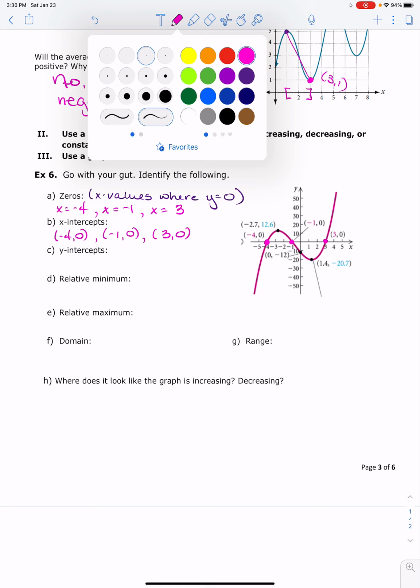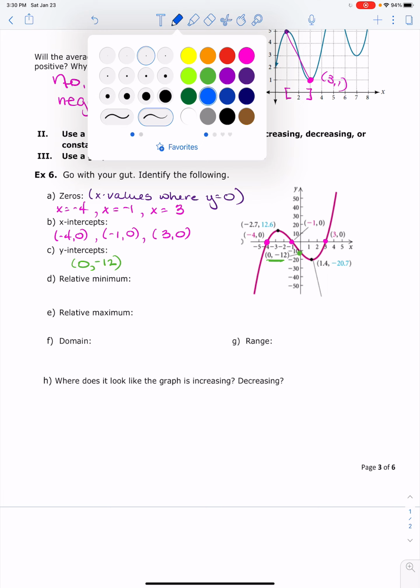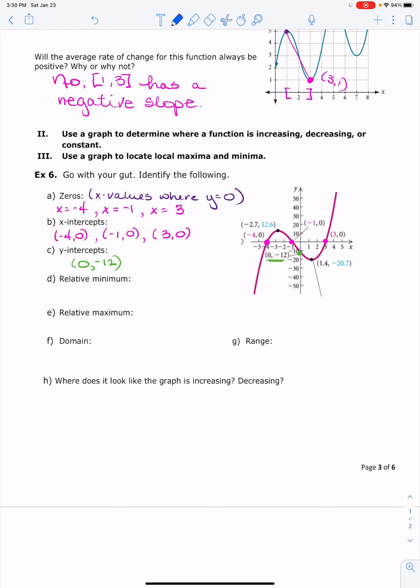Y-intercept. Of course, where we intercept the y-axis, this one here is shown for you. Our y-intercept is the point (0, -12). A relative minimum, also called a local minimum, is just going to be lower than anything close to it.